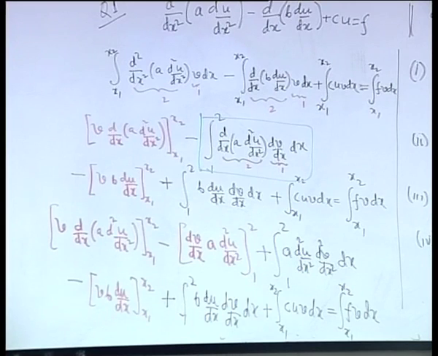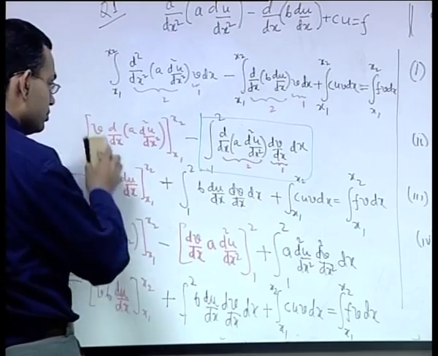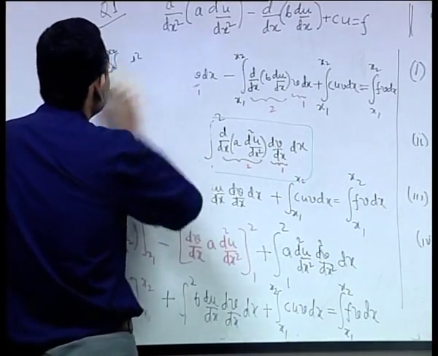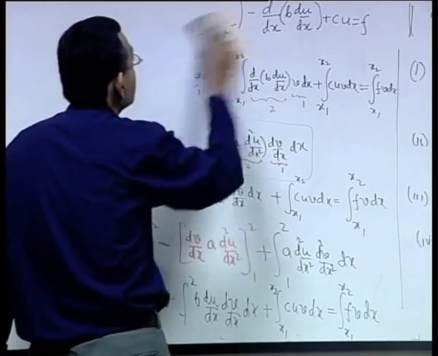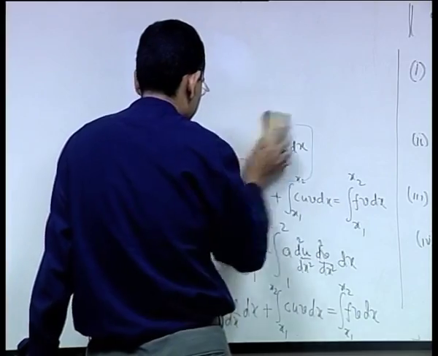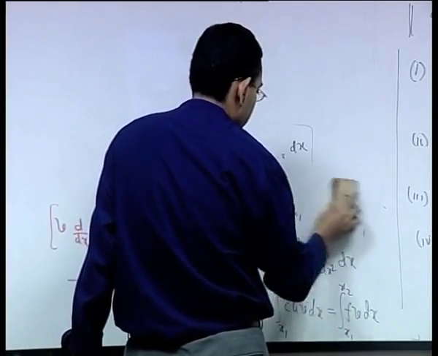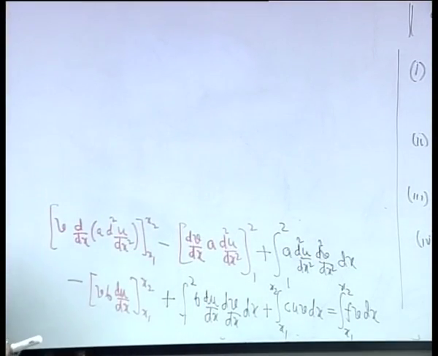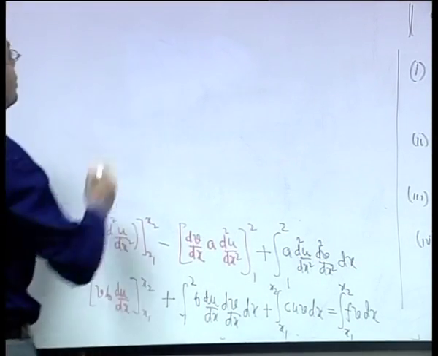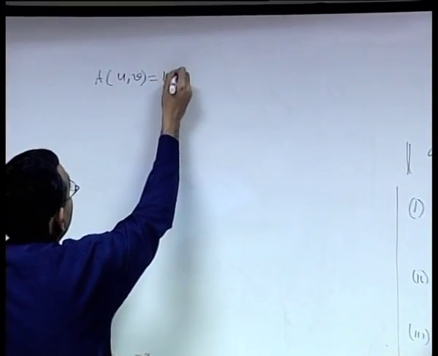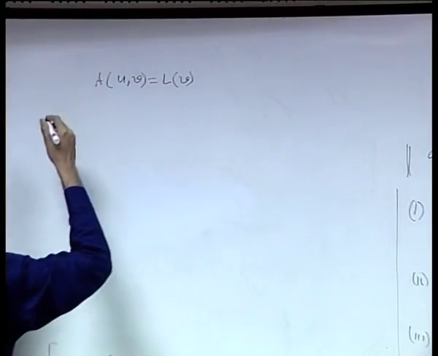So, this we can write in the form that we desire, A(u,v) equal to L(v). So, this is of the form A(u,v) equal to L(v), where what is A(u,v)?